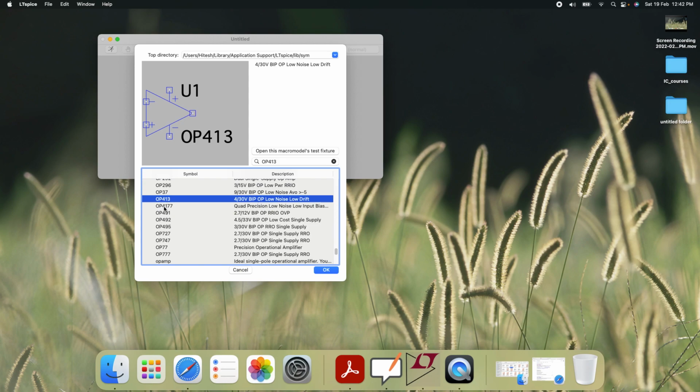There are many other companies in competition, like TI, or maybe ST Microelectronics, and many more. All these companies make such ICs, and they are selling them also. You might know about Arduino, Raspberry Pi. Those are also ICs and PC boards, which are also being sold. You can add those things here also if you want. I'm not going into that detail.